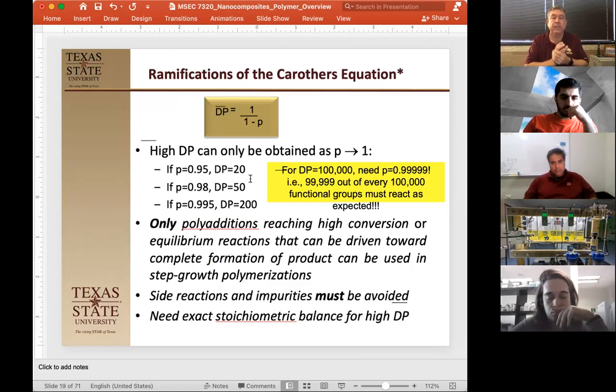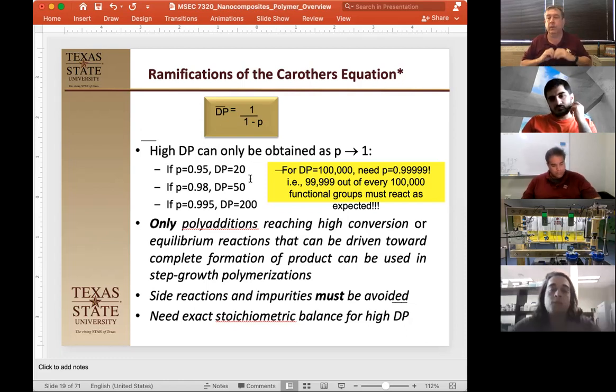Okay, so we can actually play with this. I do this in one of my research projects. I can't make my polymer over a DP of 20 because it will gel and it will completely not redissolve.